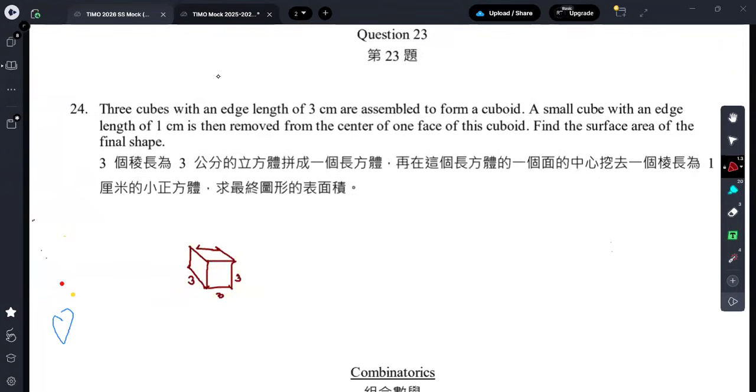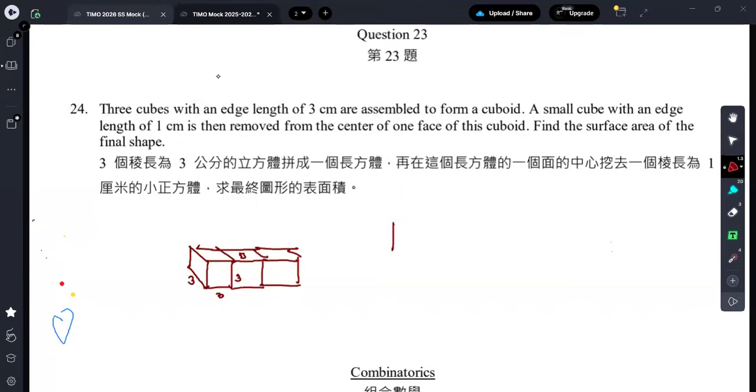So this is 1, for example this 1 and this 1. From there, you will have what? A small cube with an edge of 1 is removed from the center of one face of this cuboid. So the center of this one.